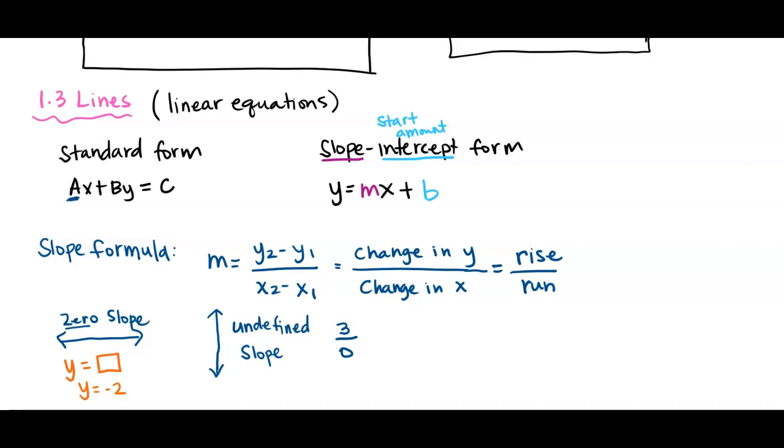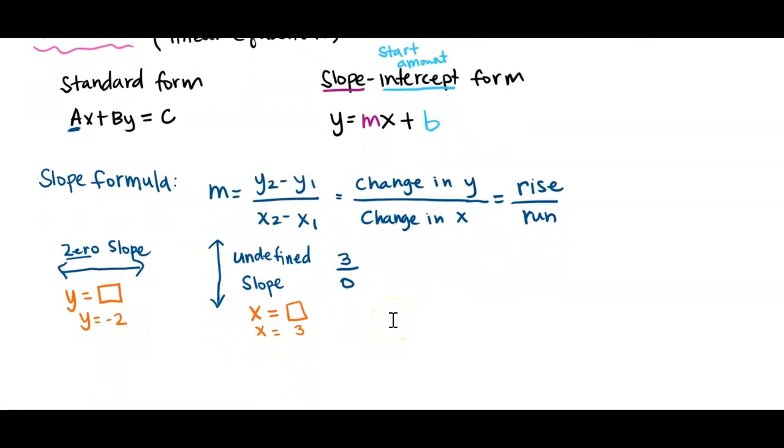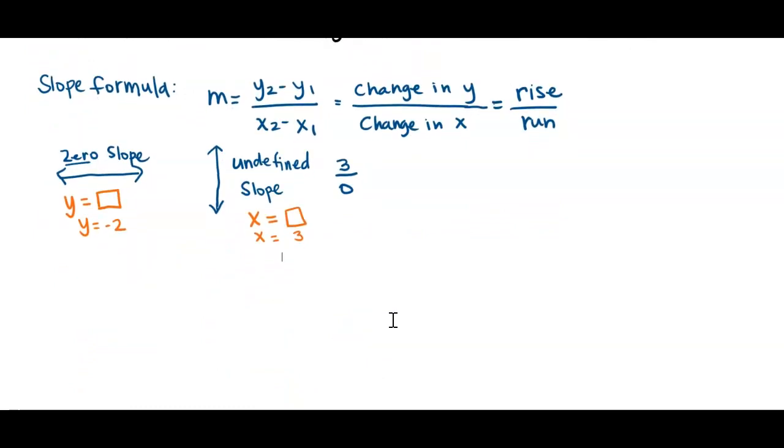And you'll also see equations of vertical lines written as x equals some number. So if you have x equals 3, that is undefined slope and it's a vertical line. So keeping those two things straight in your mind is helpful.